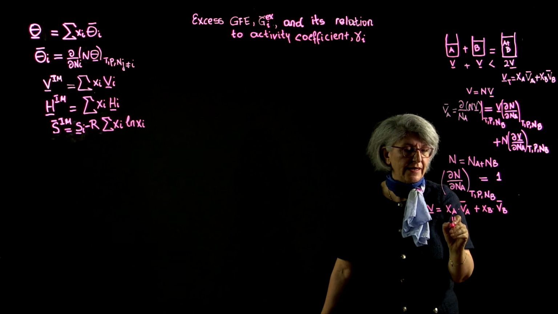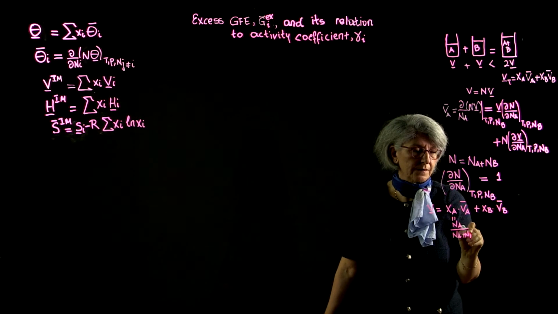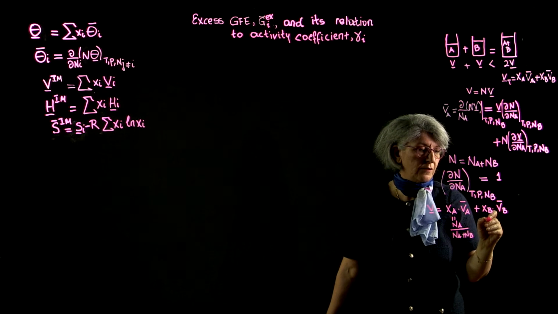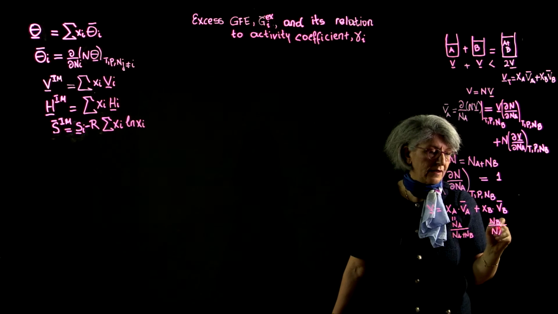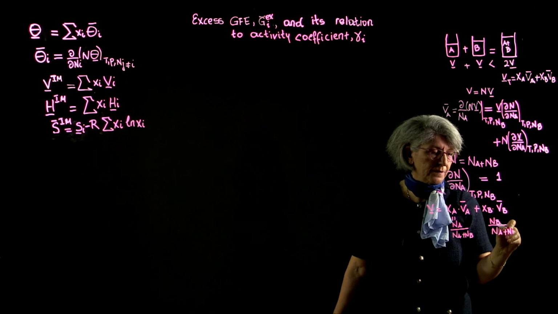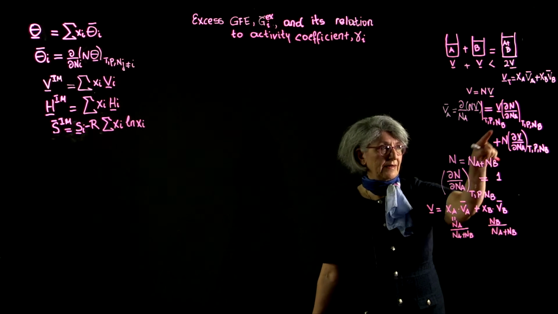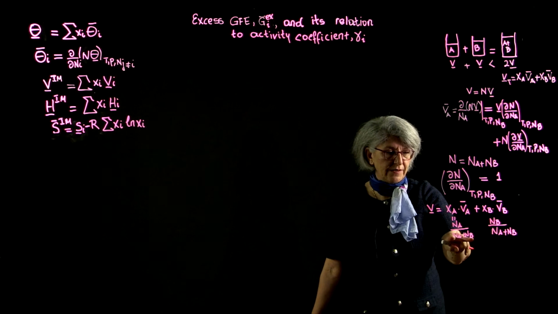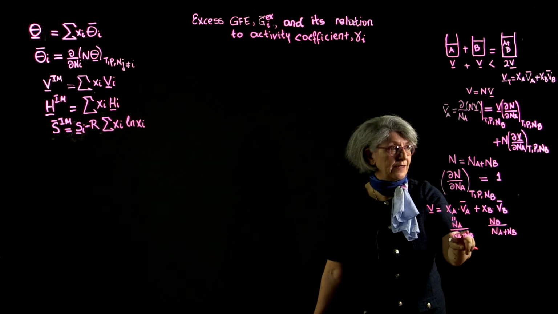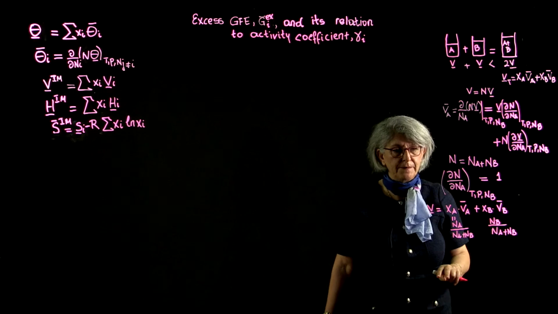XA is NA over NA plus NB. XB is equal to NB over NA plus NB. As you can figure out, this partial derivative is going to be about taking the derivative of XA with respect to NA and XB with respect to NB.